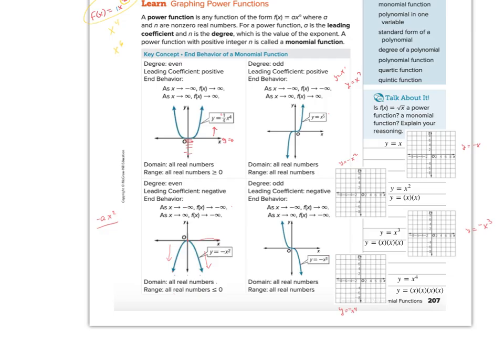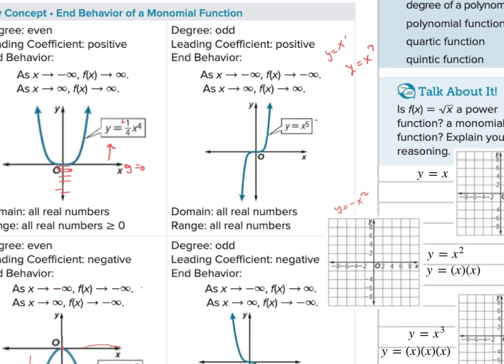And if you think about it, if I just sort of took and created this line, connected 2 points, it basically looks like a linear function with a positive slope. So that's going to be the general shape for any of these positive odd degrees, which are going to have this same general end behavior.